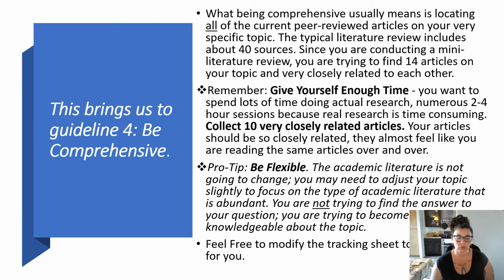And the goal is, once you find one, you're trying to find as many as you can that are as closely related to each other. And so I'm going to have you locate somewhere between 10 and 14. And what that means is that when you bring those articles to me and we talk about them, chances are you're only going to be able to keep somewhere between 5 and 7.